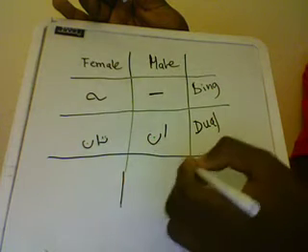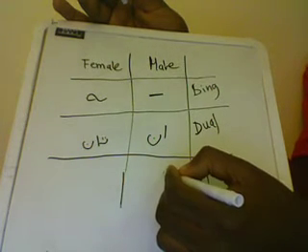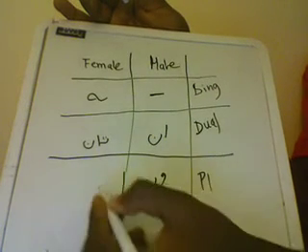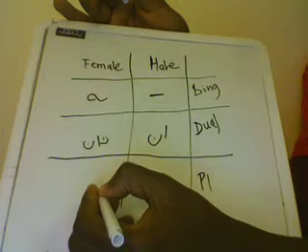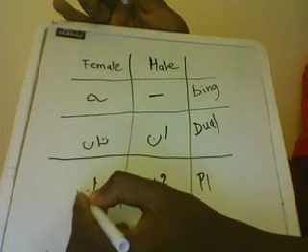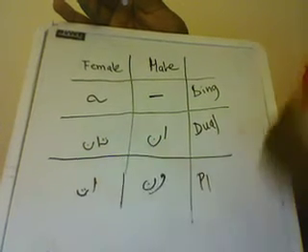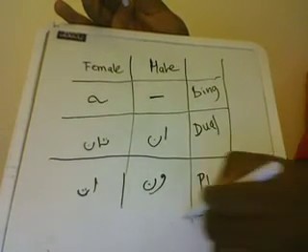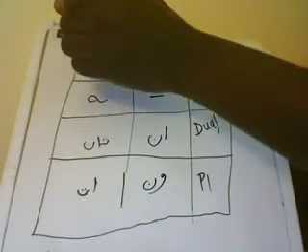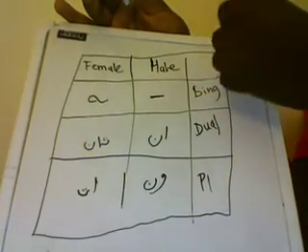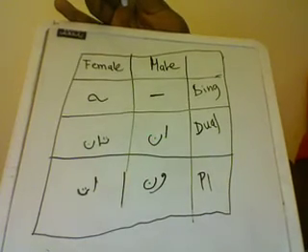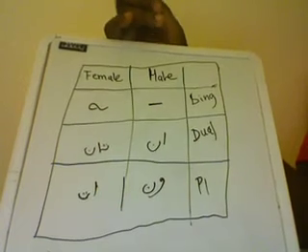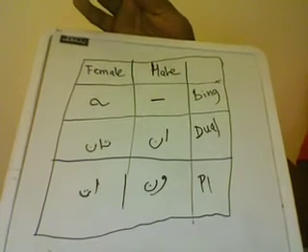For plural, we would add a waw and a noon for masculine, and for feminine, we would add an alif and a ta. So this little table here helps us remember what goes into each column, and makes it a little easier to add the different endings that we would need to add based on the gender and the number.